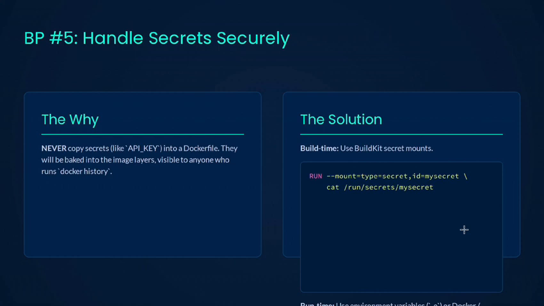Anyone with access to your image can run docker history and read your secrets in plain text. So the solution for build-time secrets: use BuildKit mounts. For runtime secrets, which is most common, pass them using environment variables with the -e flag, or even better, use built-in secret management from Docker Swarm or Kubernetes or your cloud provider.